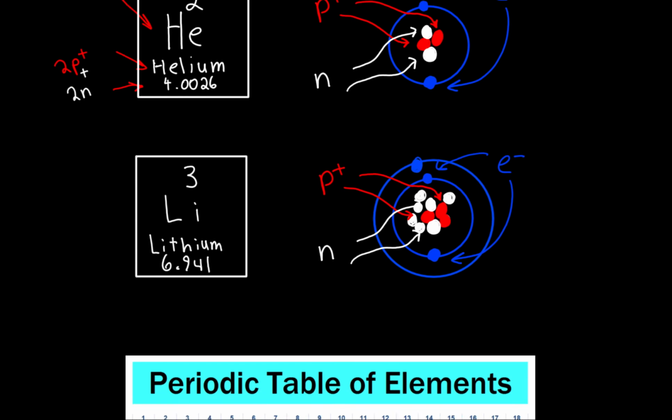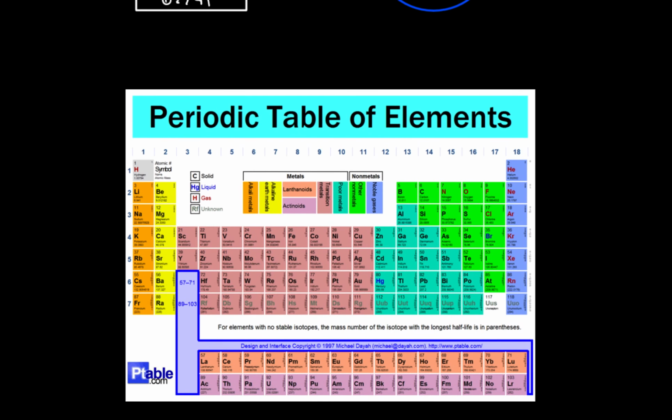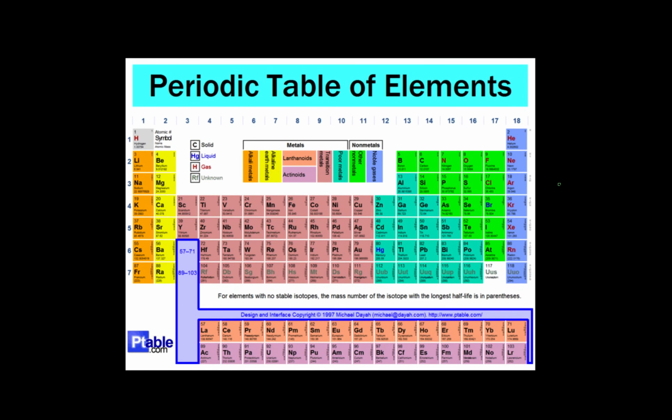So now going on to the last bit that we're going to be talking about today. The elements on the periodic table are divided into 2 big groups, you could say. There's going to be the nonmetals, and then the metals.